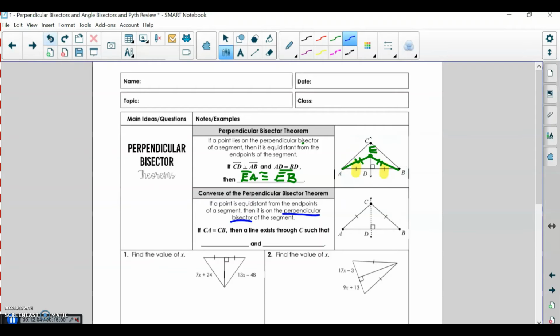What? AD. That AD is congruent to BD. And then that makes CD a perpendicular bisector.